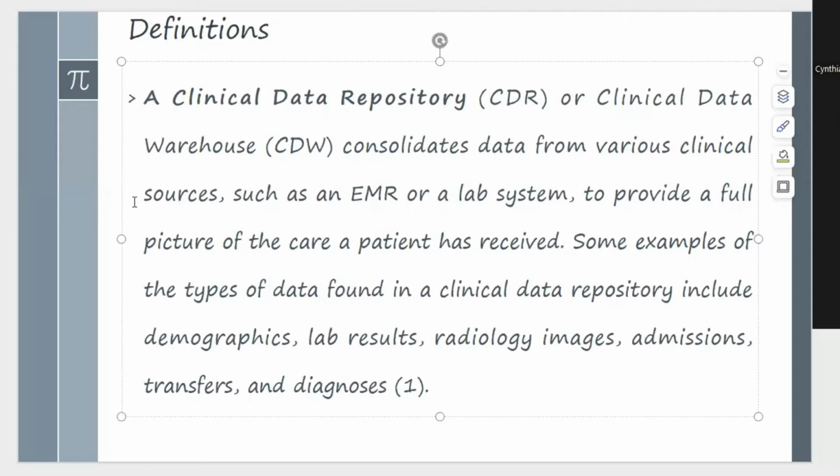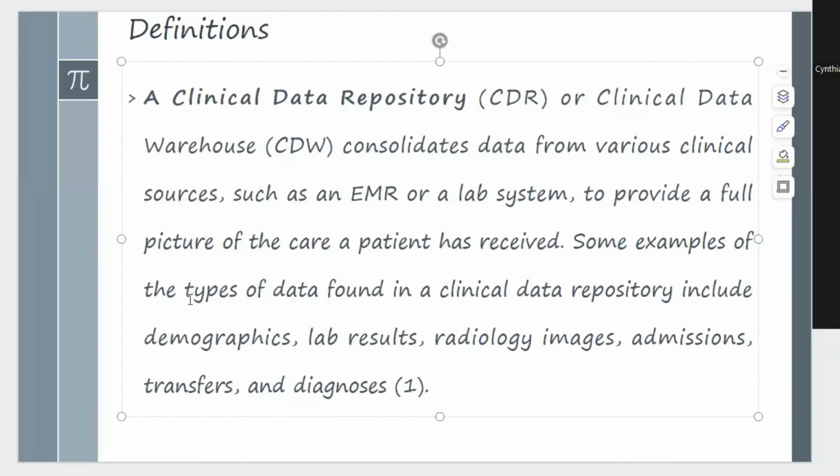The clinical data repository is a clinical data warehouse. We have consolidated data from various clinical sources, such as electronic medical records and the laboratory system, providing a full picture of the care the patient has received.